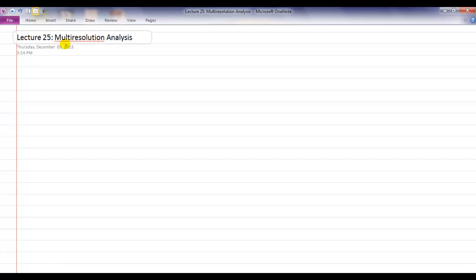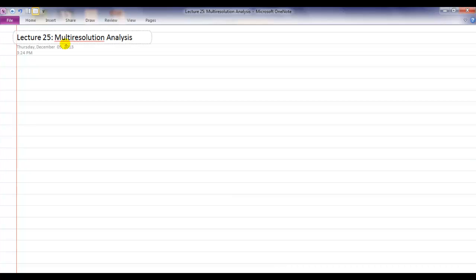There is another way of approaching the wavelet transform, which is based upon the view of multi-resolution analysis. I'll explain what multi-resolution analysis means, but you can essentially start from that discussion and derive wavelet transforms from that.